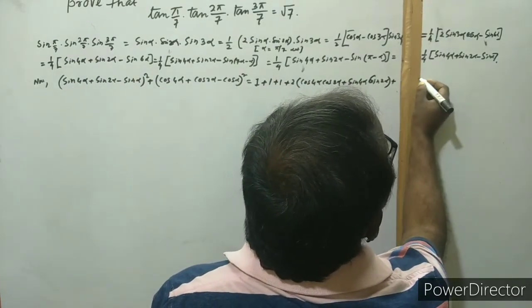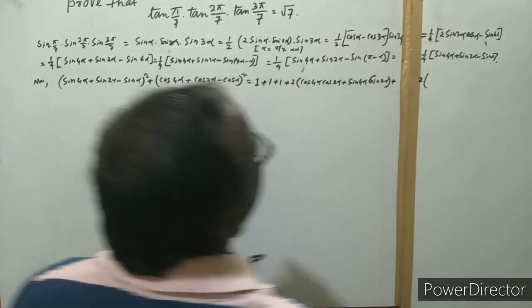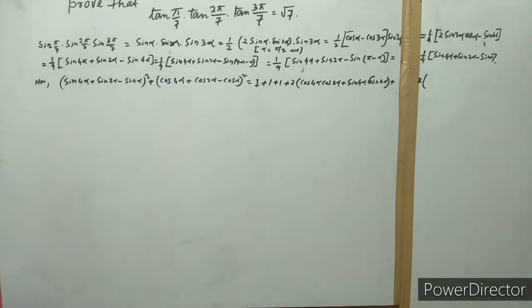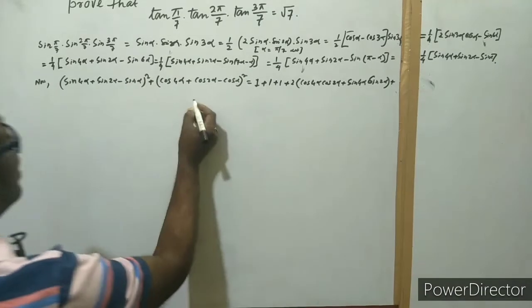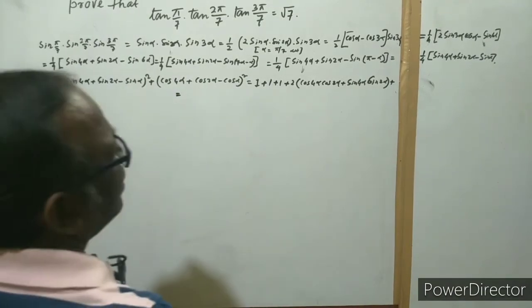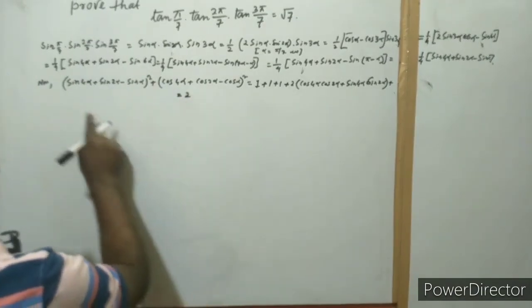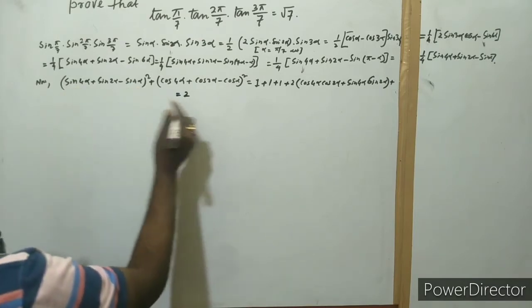Then after that 2 into AB, AC. Now we need to write here 2 into AB, AC.